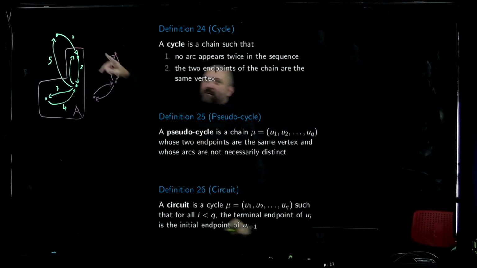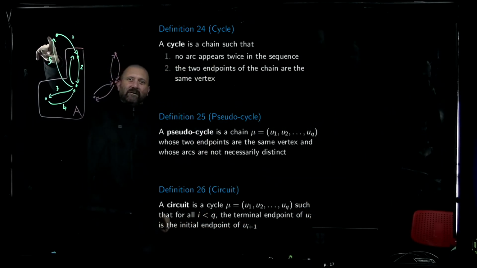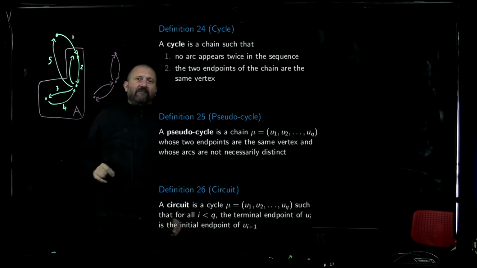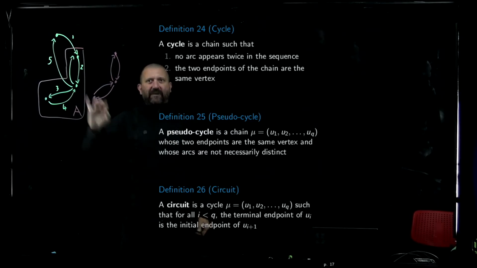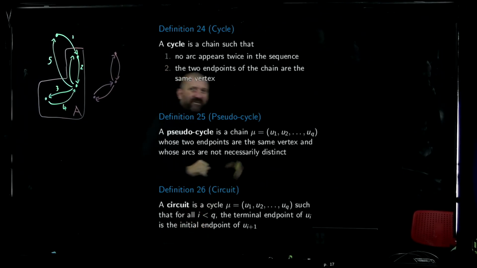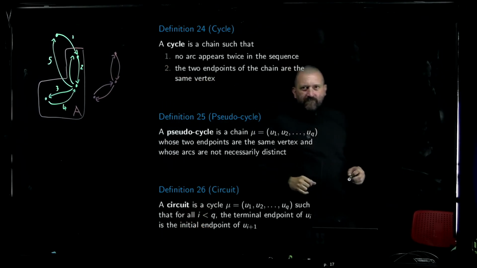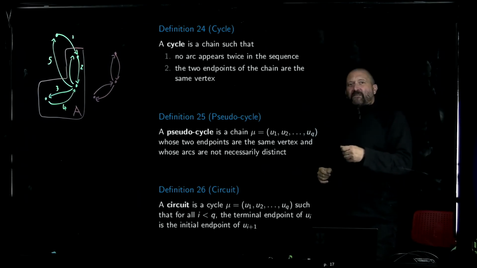So this is a cycle. I've used each arc only once, and I've initiated and finished my walk through the graph at the same place. A pseudo-cycle is like a cycle, but I can take the same arc twice.